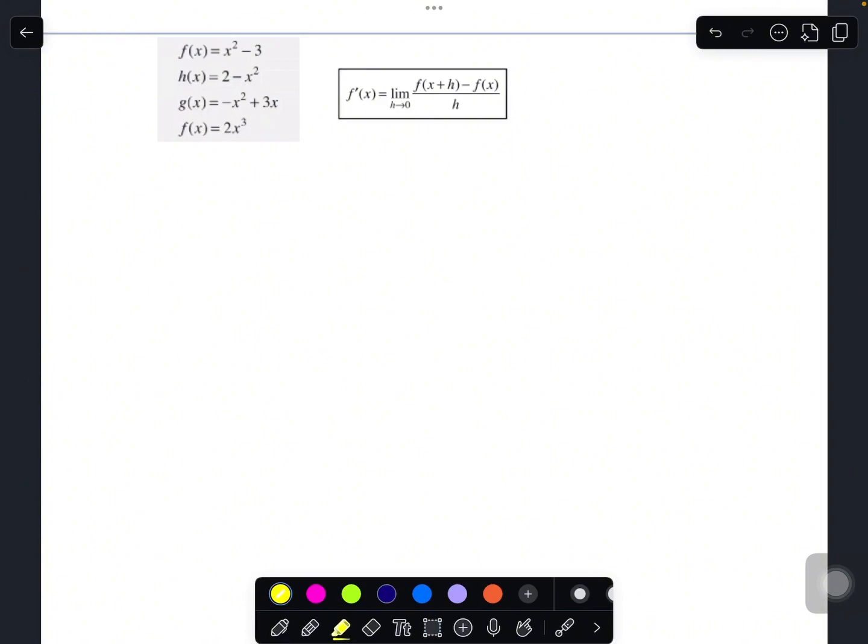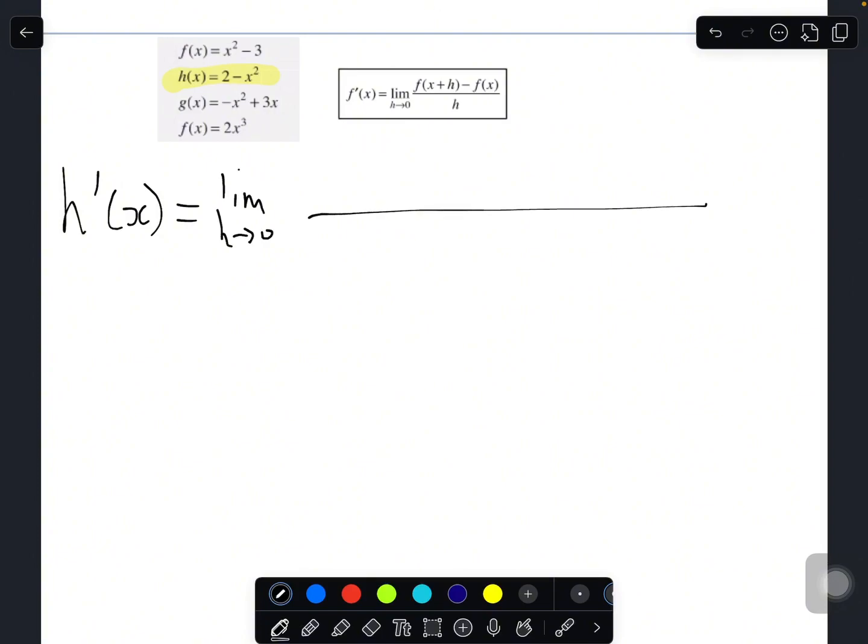Let's move on to the next question, which is what we have right here. So I have that h prime x is then equal to the limit as h approaches 0, and then right here I'm going to have 2 minus x plus h squared minus open brackets 2 minus x squared all over h.